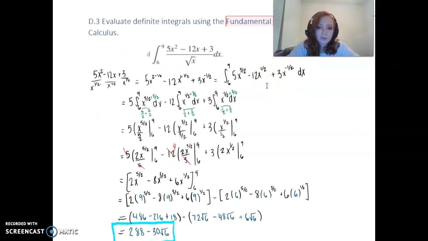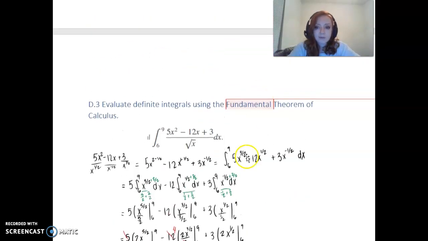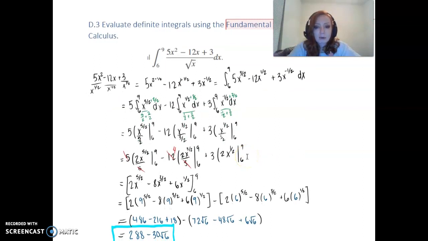So we have this definite integral and separating that into like terms, and then putting that term from a fraction into just over 1 basically. And then taking the integral from 9 to 6 of each of those terms, separating that out.